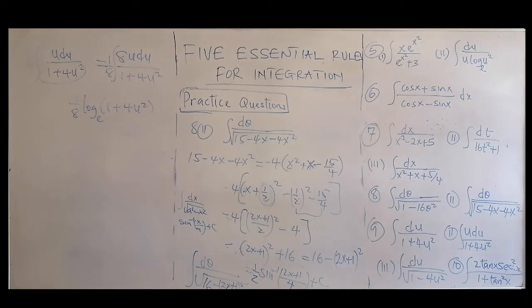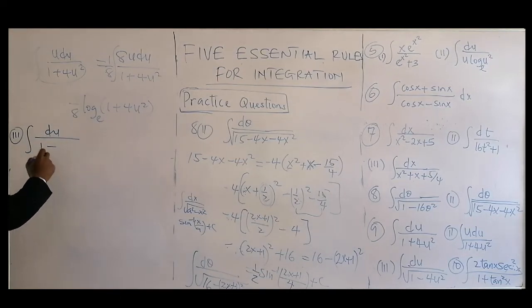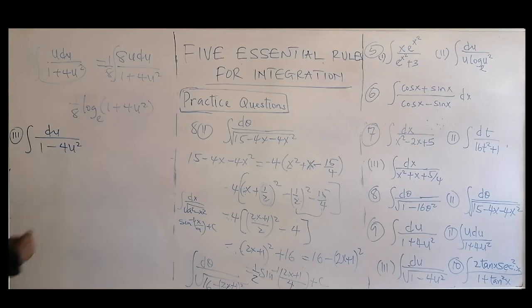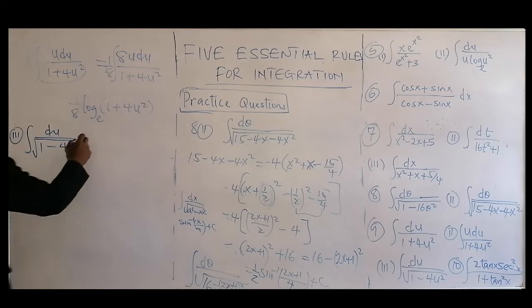Question 9.3. Integral of u over the square root of 1 minus 4u squared. This one we can do straight away.